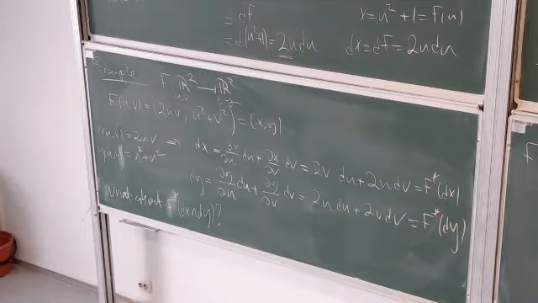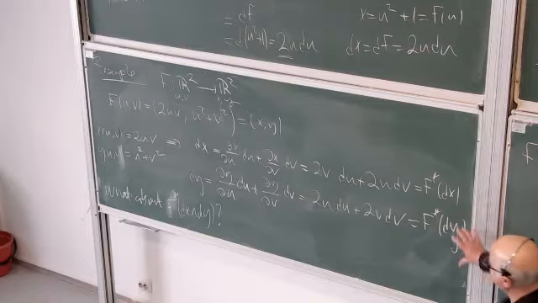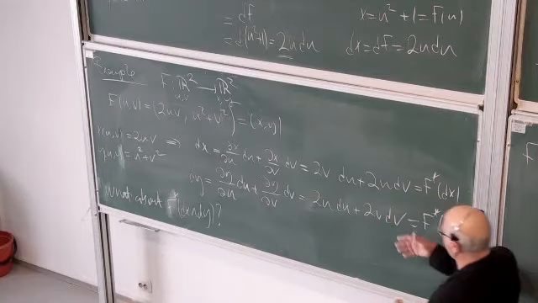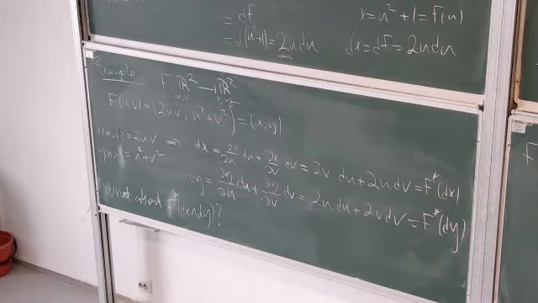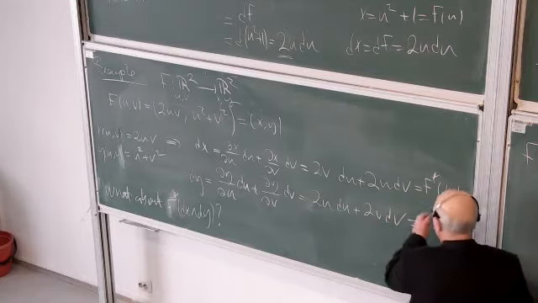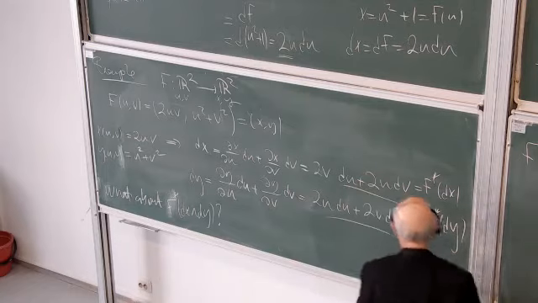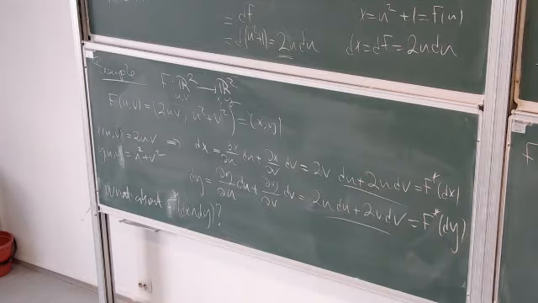And this is something you already know. So this, pushing vectors forward or pulling one forms back, they are not actually something new. They are the stuff you already know from advanced calculus. So what you do, you just take these two and form the wedge product.